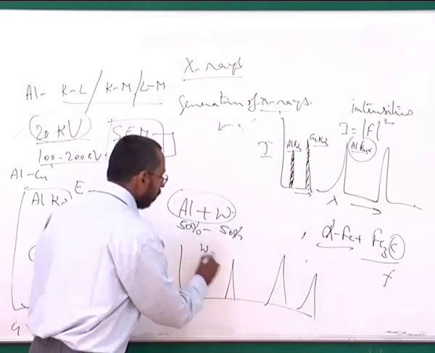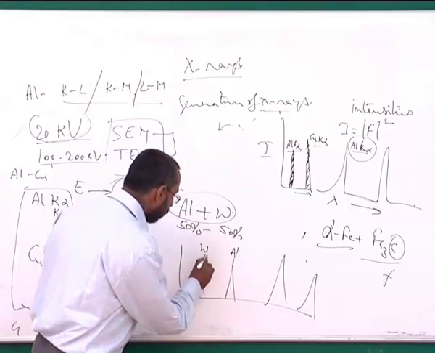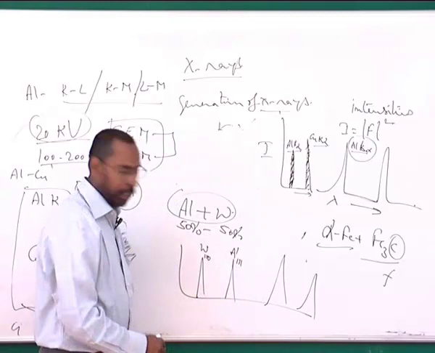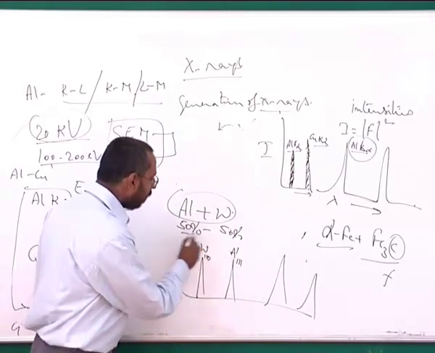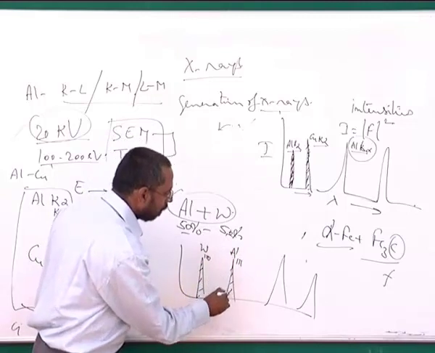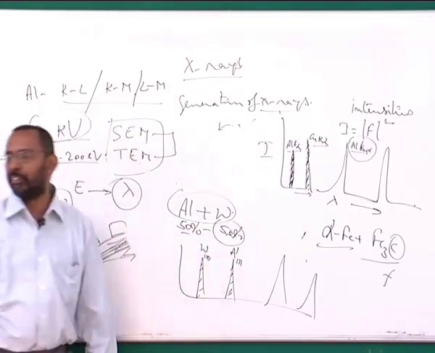Some peaks of tungsten, some peaks of aluminum. And if I look at the most intense peak of tungsten, which is 110, and the most intense peak of aluminum, which is 111, in principle, because it is 50-50, I expect the height of these two to be the same, if the height is representative of the amount of the phase.